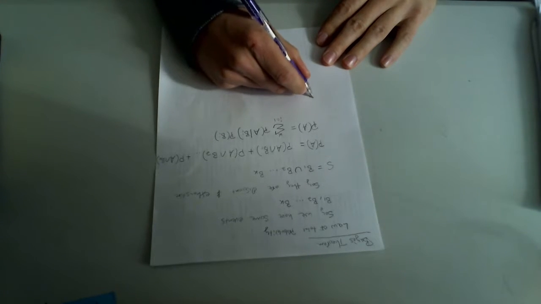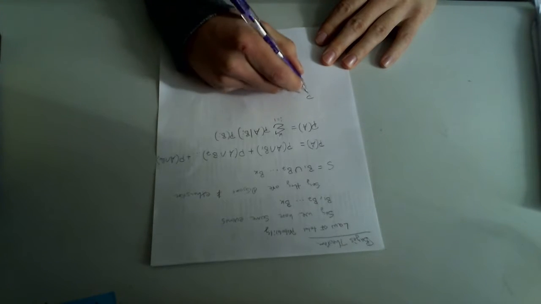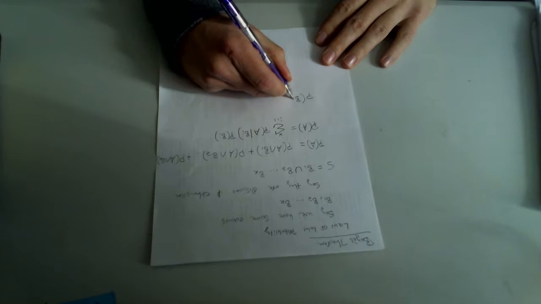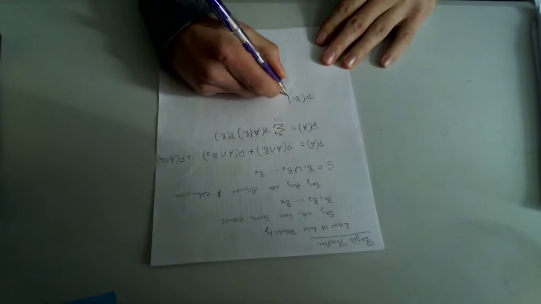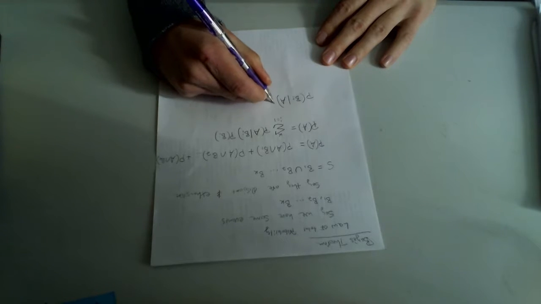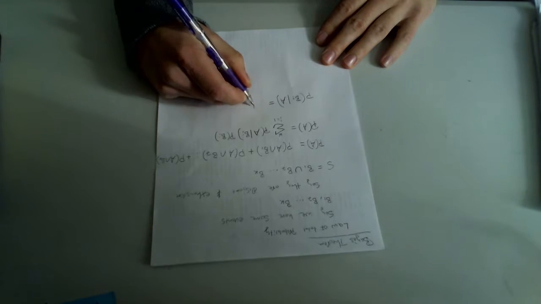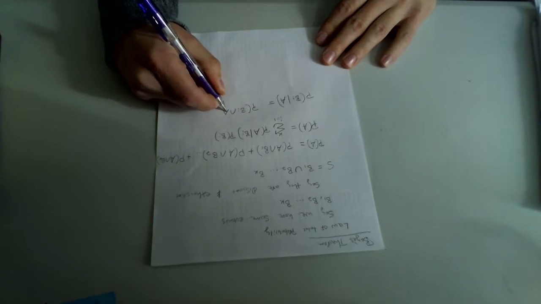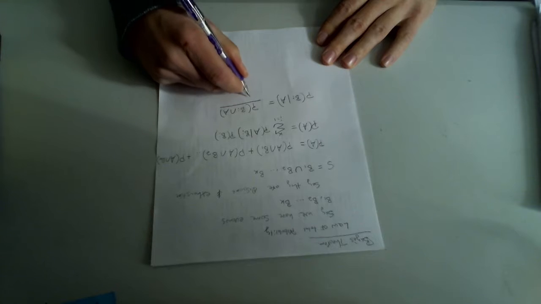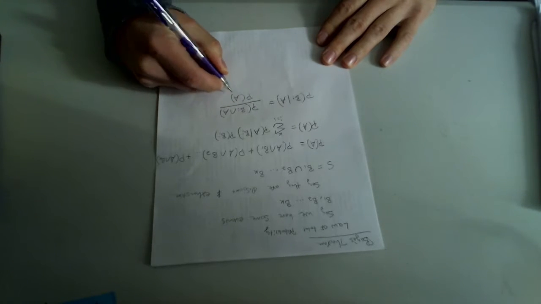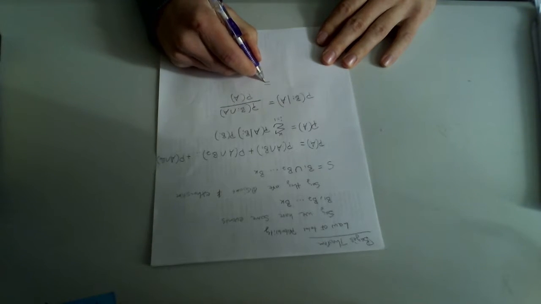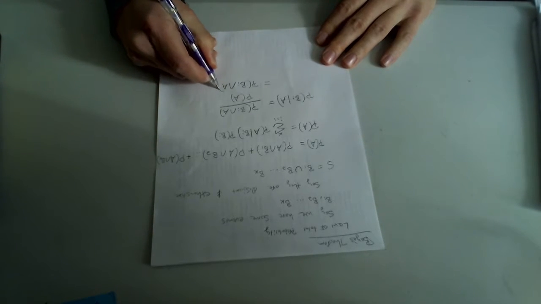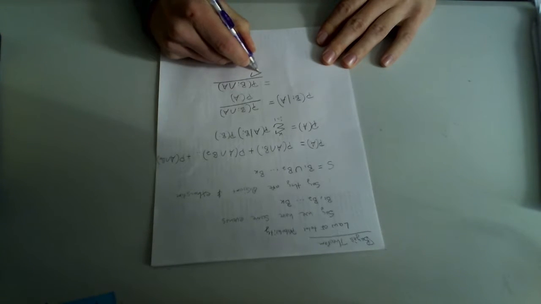Bayes' theorem says, okay, I can use this to say, if I want to know the probability of some BI given A, then that's simply the probability of BI and A divided by the probability of A, which is, as we've just shown, the same thing as that sum.